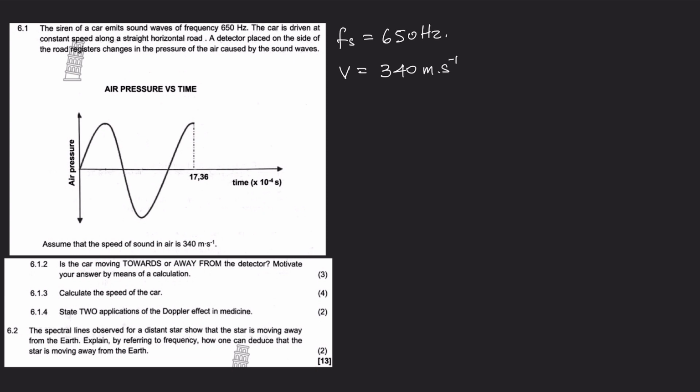Is the car moving towards or away from the detector? Motivate your answer by means of a calculation. Now, it's only possible to do a calculation from the graph, right? So we need to interpret what's happening here in this graph. Now, recall from grade 10, this looks like a transverse wave.